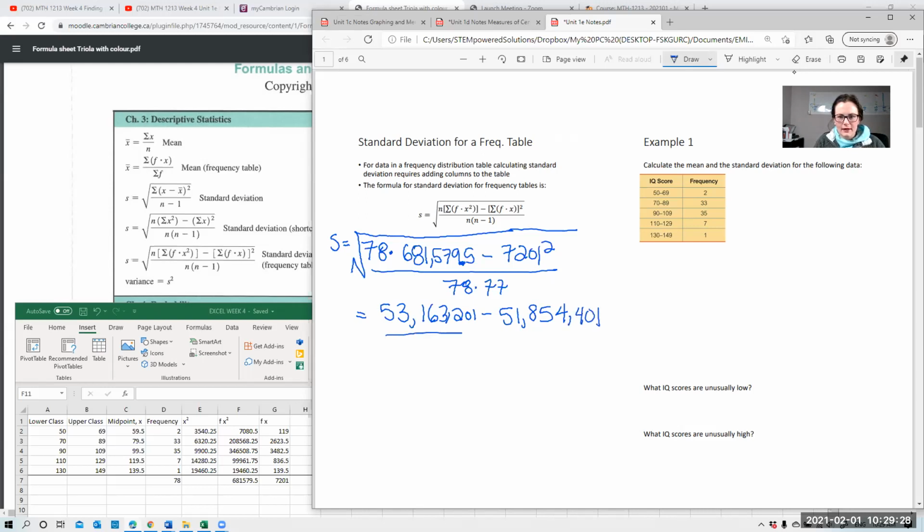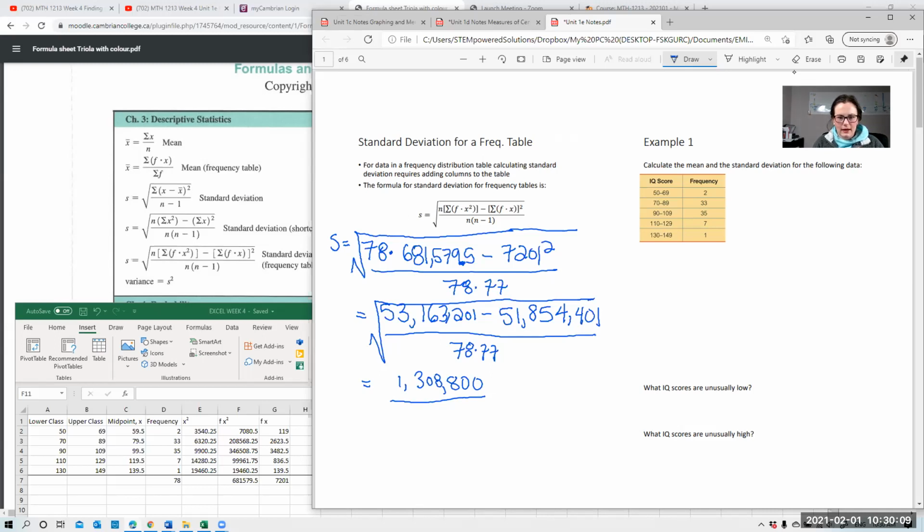54,401 divided by 78.77. Okay, so 53,163,201 minus 51,854,401 equals 1,308,800, divided by 78 times 77.